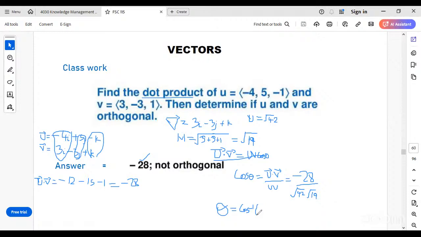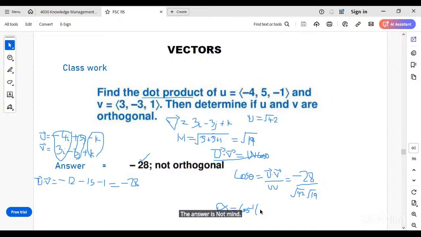Simplify this. Now, by the time you substitute this, you discover that the answer is not 90.